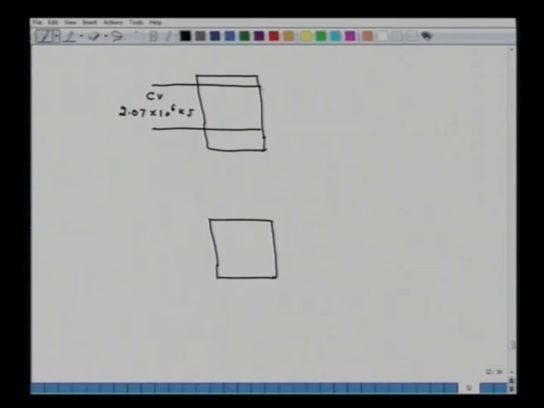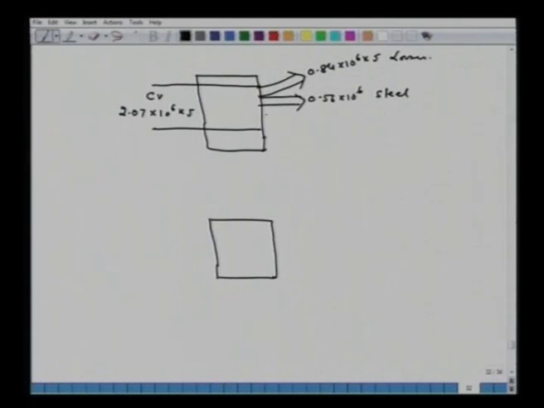Now, out of which the heat losses are 0.84 into 10 to the power 6 kilojoule. Steel is taking 0.56 into 10 to the power 6. This is to steel, this is to losses.